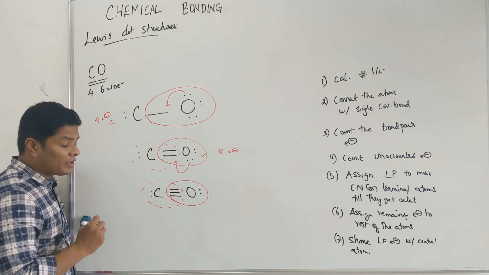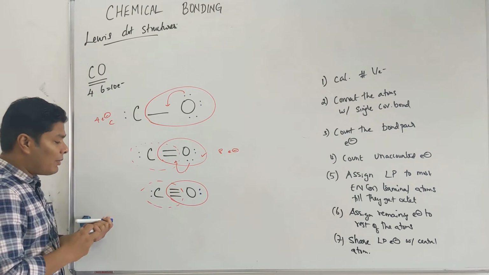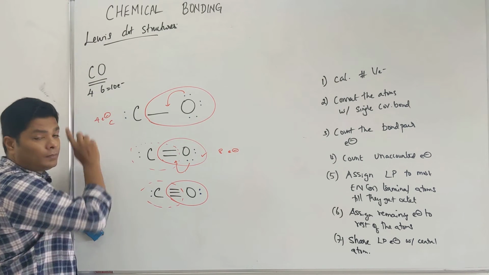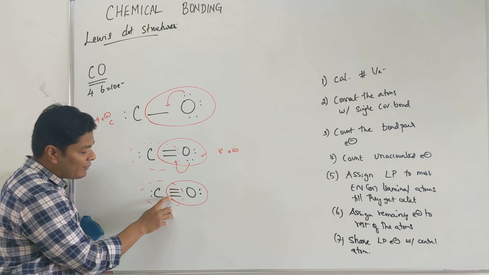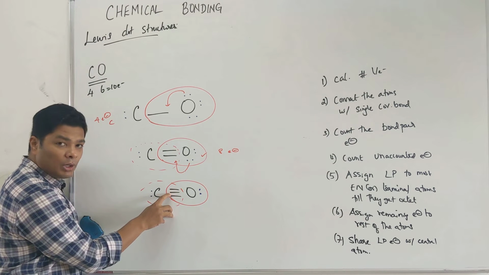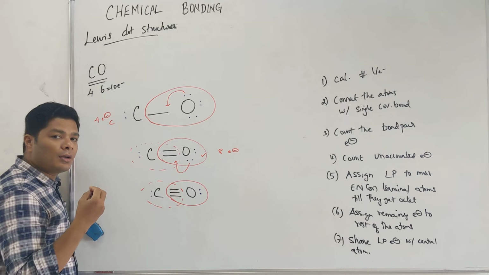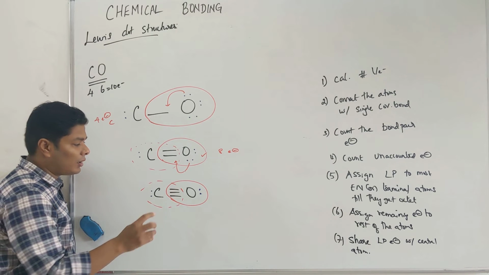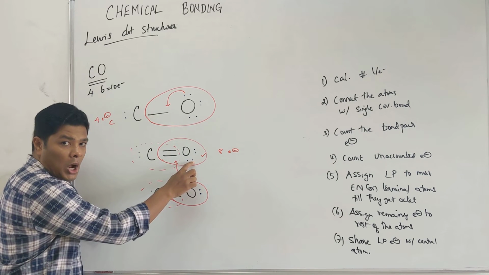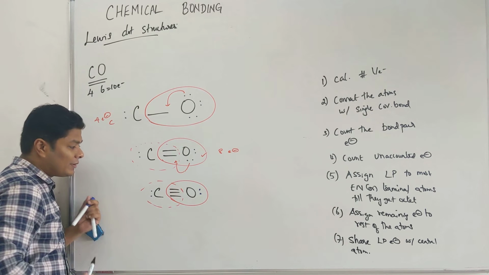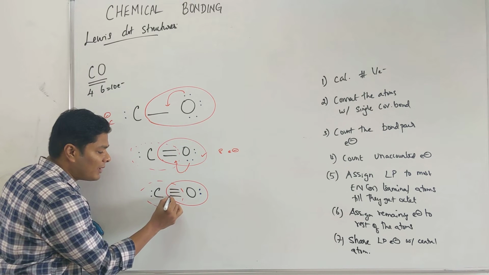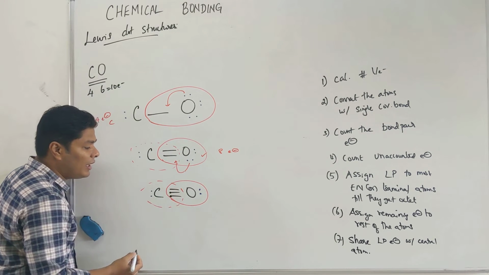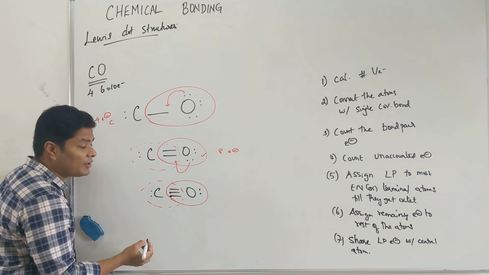Now when you look at CO, there is a lot of things that you need to know. Carbon came with 4 electrons. It has given 1 electron for this bond, 1 electron for this bond. For this bond, it has not contributed even a single electron. Both electrons come from oxygen. So this is a normal bond where carbon has 1 from here, 1 from here, but here it has not donated, it is all oxygen's electron.